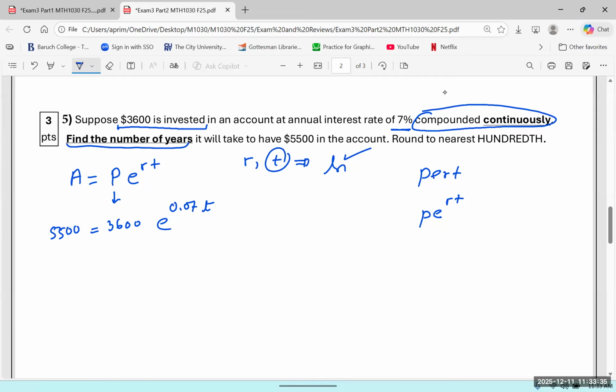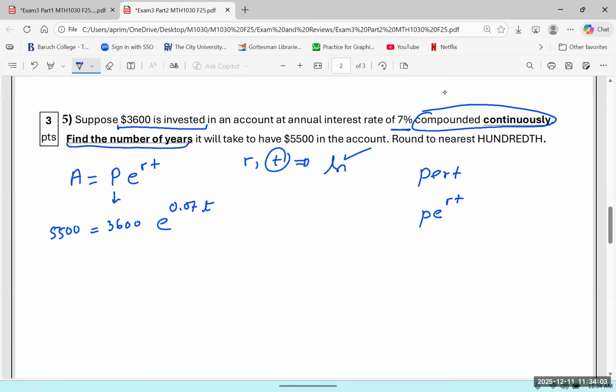Now, I've seen a couple of you switch the positions of P and A. You have to use your brain. If you're investing today, how can you get less money than your investment? These investments are safe, okay? You never lose money. You lose money with what type of investment? Gambling and the stock market.